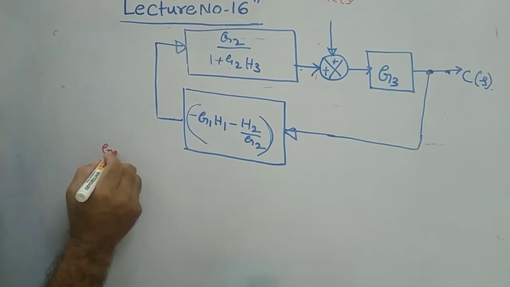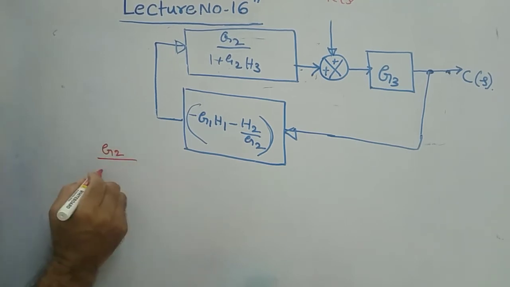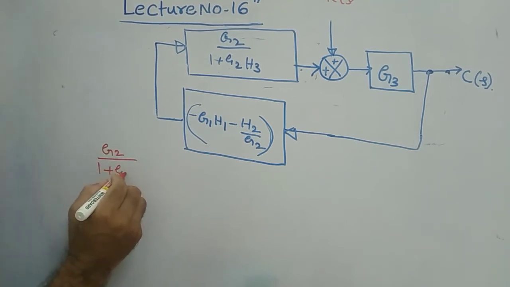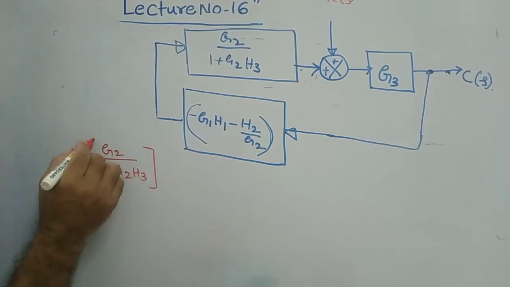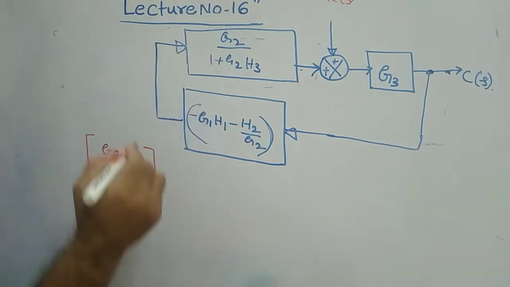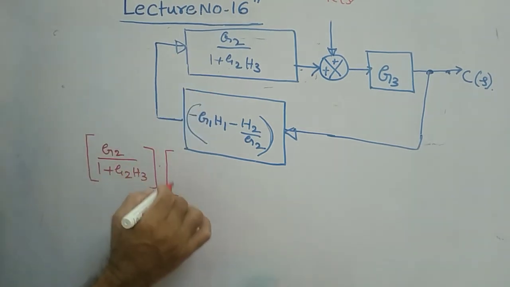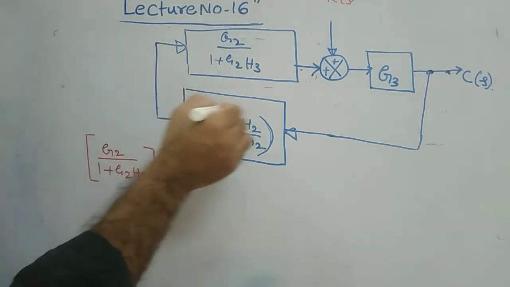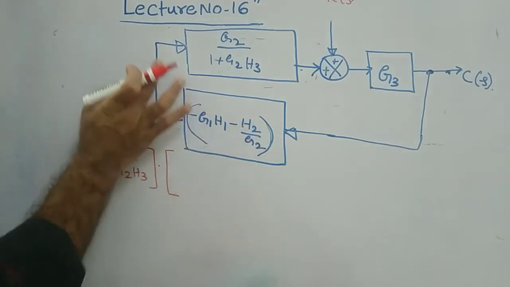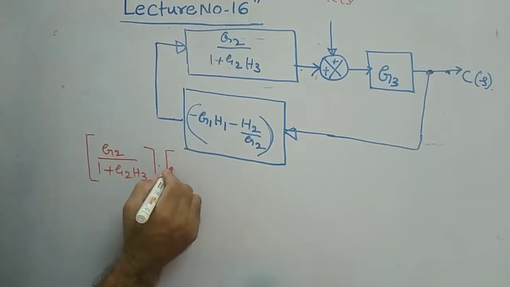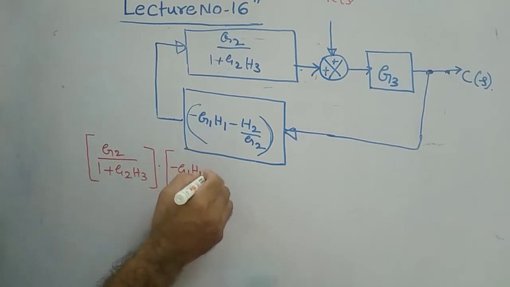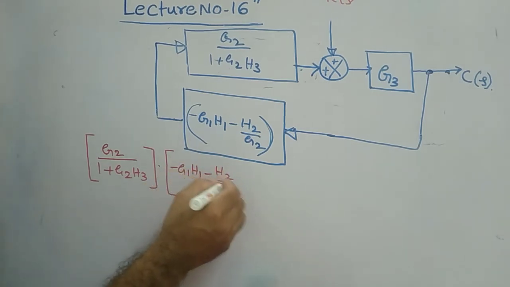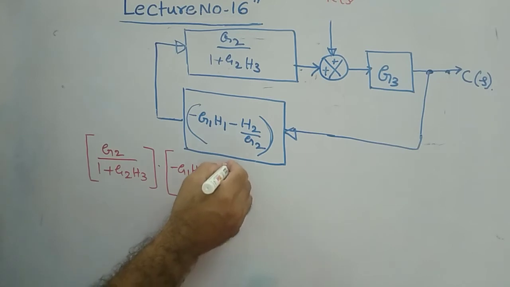So this is G2 by 1 plus G2 H3, into, because it is product, both will be cascading. This is in cascade with this. Therefore it is minus G1 H1 minus H2 by G2.